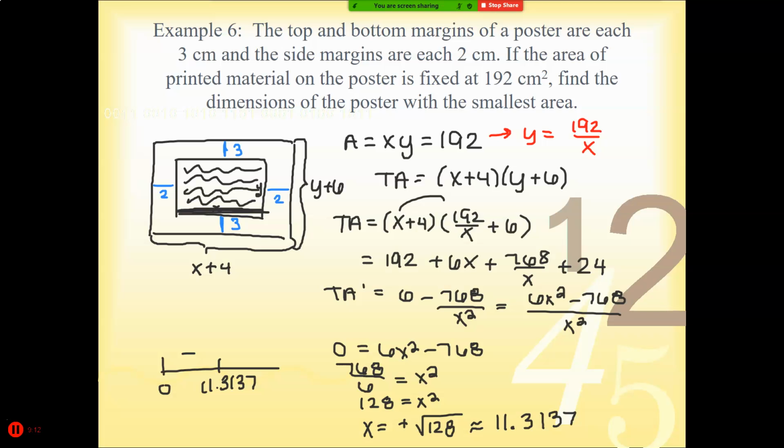And then if you plugged in something larger than 11, like 20, we know that 20 squared is 400, so then 768 divided by 400 is going to be a much smaller number than 6, thus making this side positive. So this does in fact decrease, then increase on the original total area, making 11.3137 the minimum dimension for my poster.